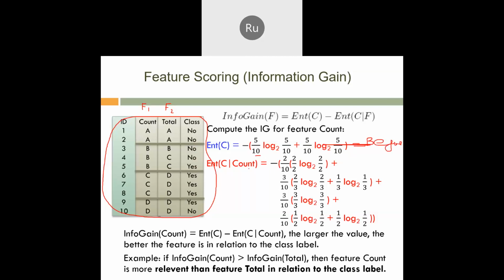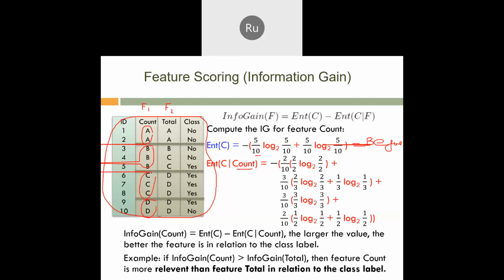After you split using the count, given feature 1 count here, we have 4 unique values: A, B, C, and D.